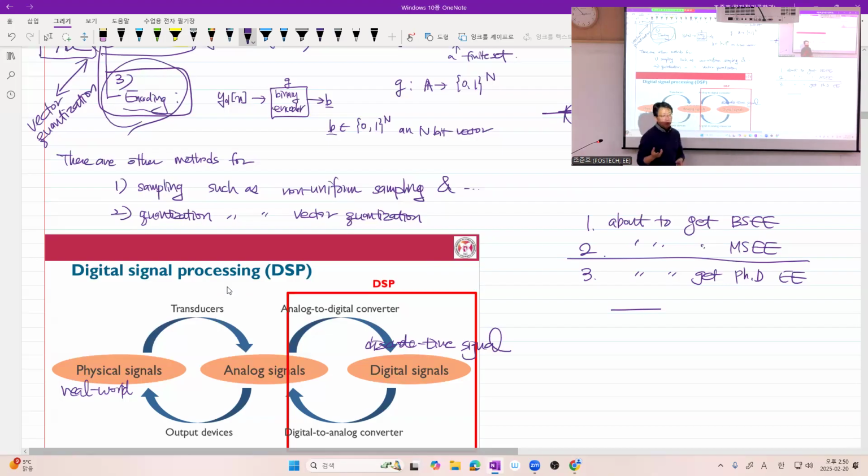But what is important is that you know how to become PhD level. So you can become an expert in any area. Got it? So anyway, in this course, we are teaching the very core of digital signal processing.